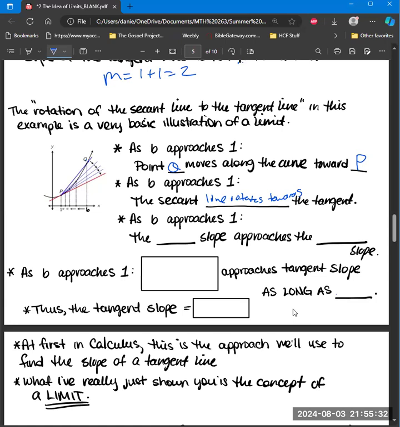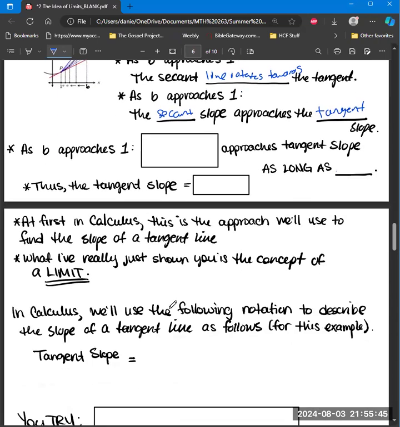As b approaches 1, the secant slope approaches the tangent slope. So as b approaches 1, m equals b plus 1 approaches the tangent slope, as long as b is not equal to 1. Thus the tangent slope is 1 plus 1 equals 2.